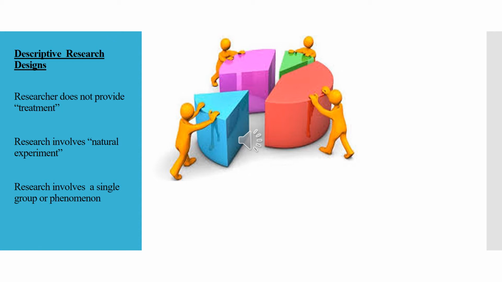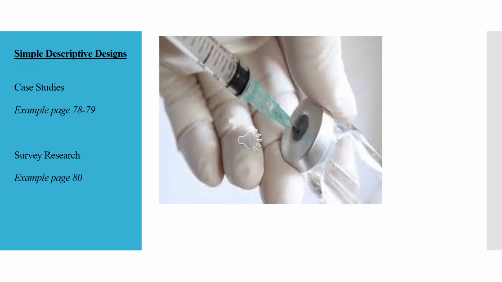Research involves a single group or phenomenon. Also, with descriptive research designs, it varies in size and complexity, and the data may be quantitative, qualitative, or both. Simple descriptive designs.